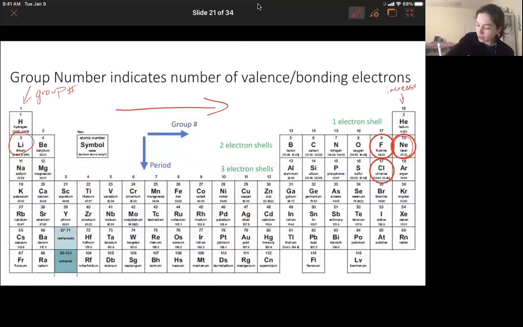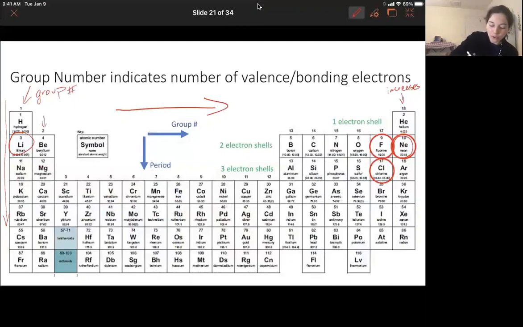Your group number dictates how many electrons are inside of your valence shell. Okay, and I'm going to tell you what that is in just a second. So all of these elements in this first row have one electron in their valence shell.